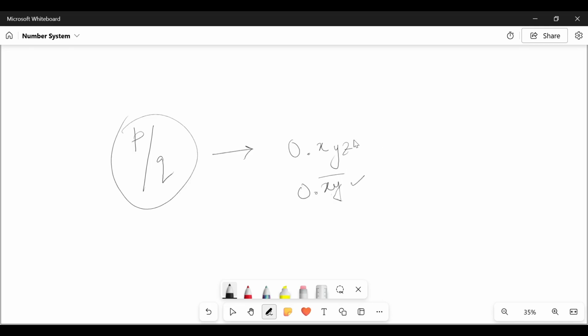So irrational numbers are those where the decimal format of the number doesn't terminate, and it doesn't recur in a sequence. So we cannot guarantee that a sequence would keep on repeating.